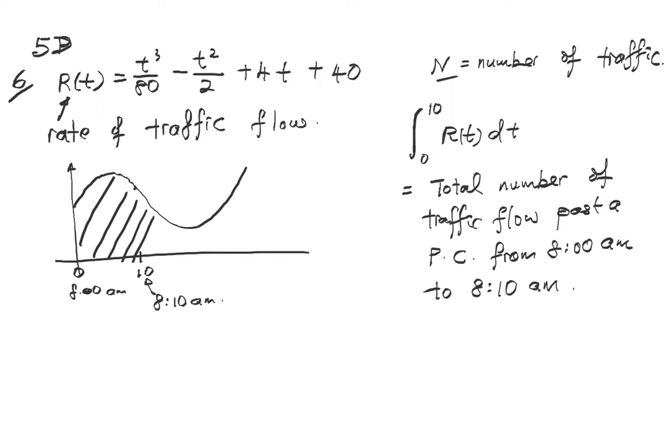So you should be able to do part C and part D already. How many cars pass? Number of traffic, or you say number of cars. I would say this is the total number of cars. The question says cars, so we follow cars, flow past the pedestrian crossing from 8 a.m. to 8:10 a.m. So the time is very important.